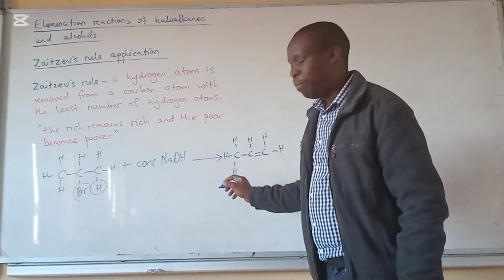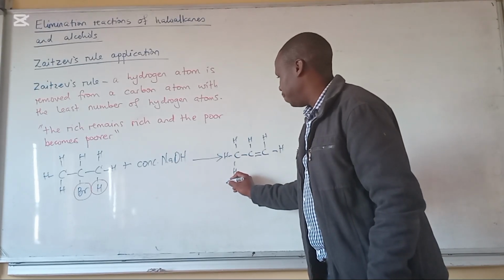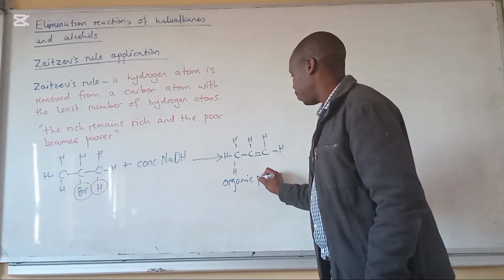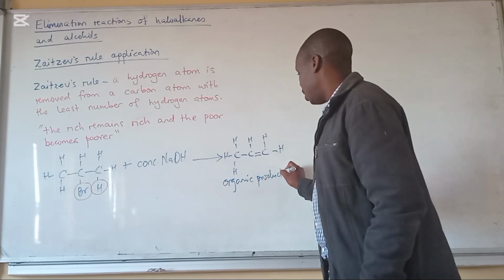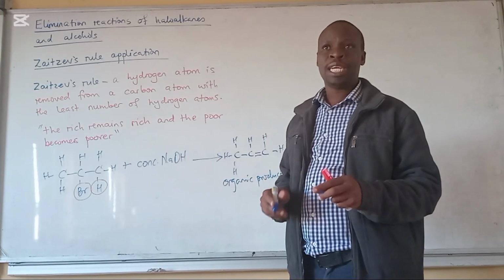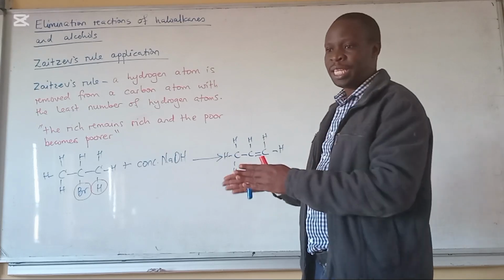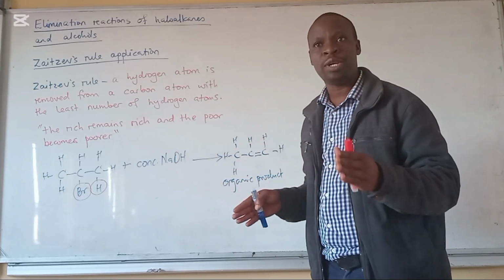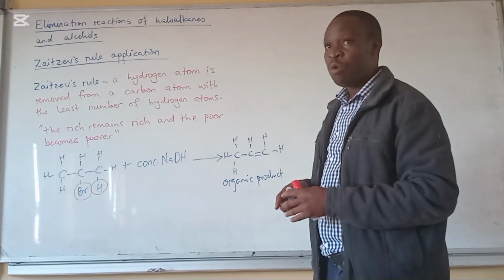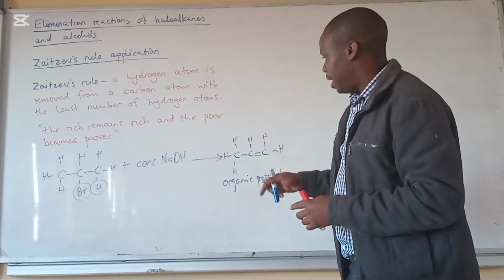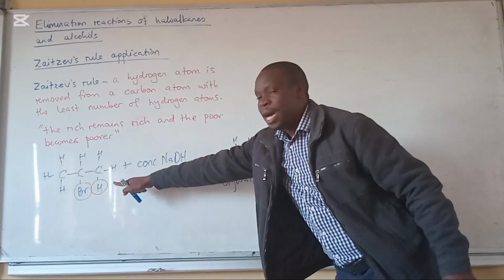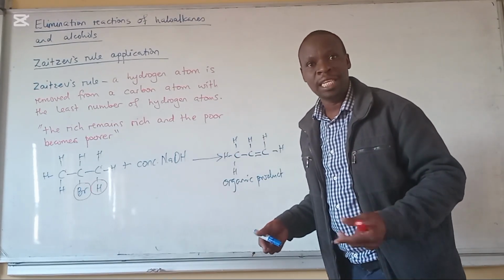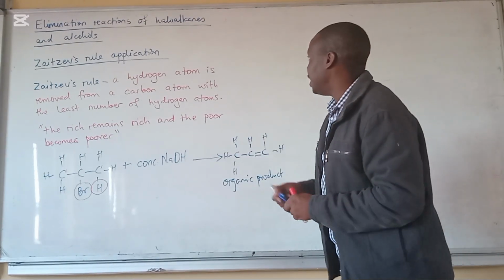This is the organic product. It's important to know that there is an organic product that is formed and also inorganic products. The inorganic product formed is the HBr that has been removed. It is an acid.